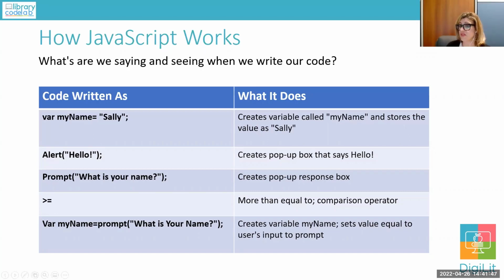In this instance, it'd be asking you what your name is. And then you've got your greater than or equal sign. That's something called a comparison operator. All we do with comparison operators is compare the different values of our variables.